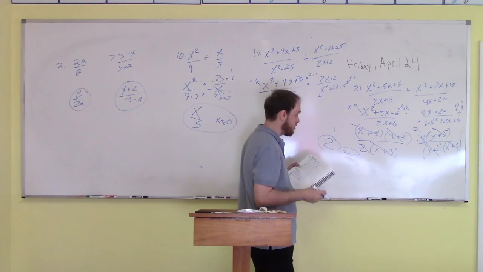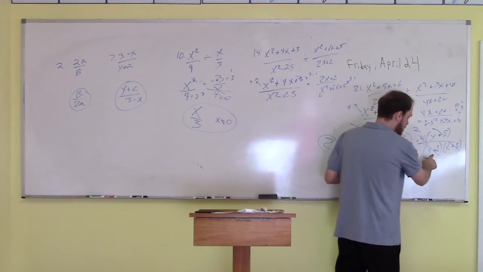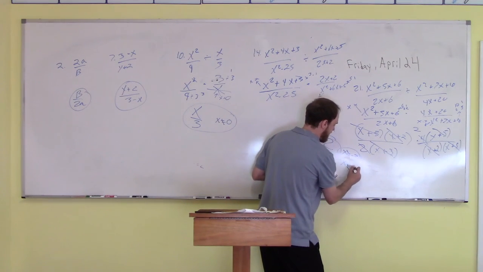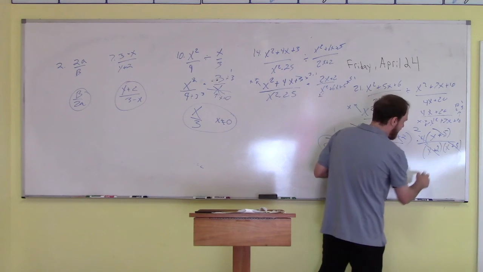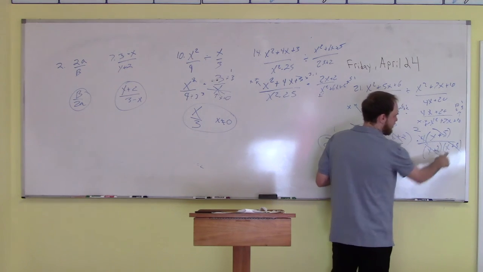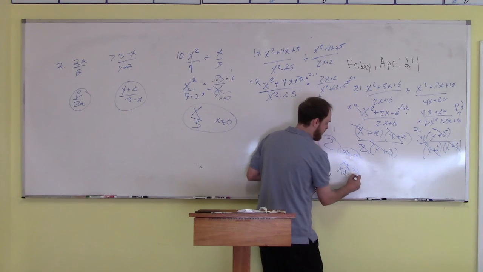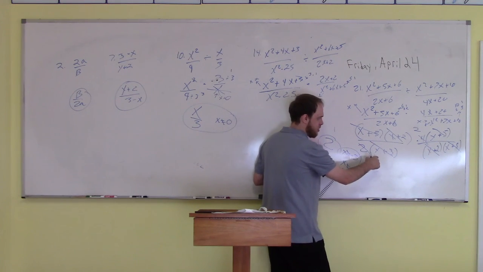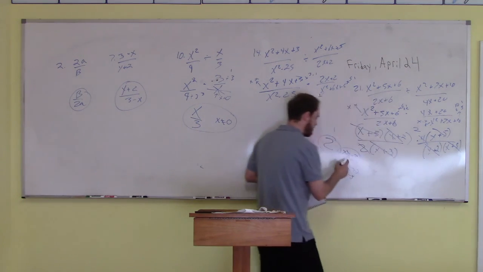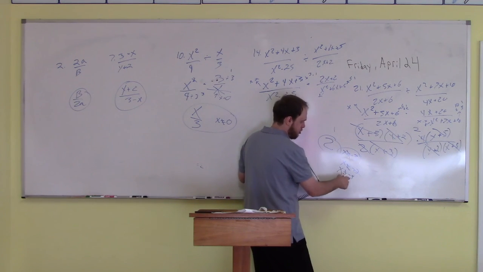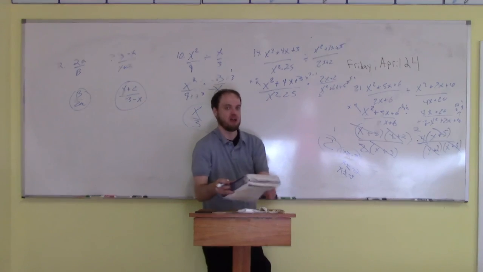X could not equal 0 at an x plus 2, which means x could not equal negative 2. And then x plus 5, which means x could not equal negative 5. So you just set each of these equal to 0 and solve. And so x could not equal negative 3, negative 2, or negative 5. And it's simplified all the way down to 2.